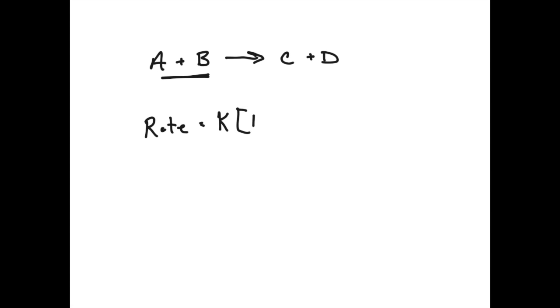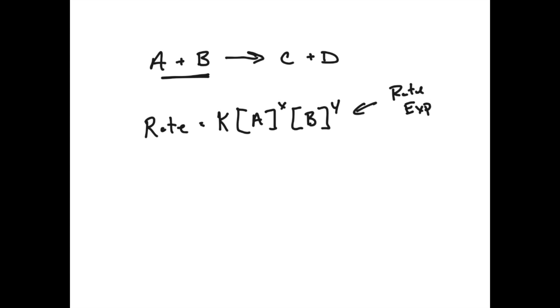To the concentration of A at a specific time to an X power times the concentration of B to a Y power. So what this is right here, this is a simple rate expression.